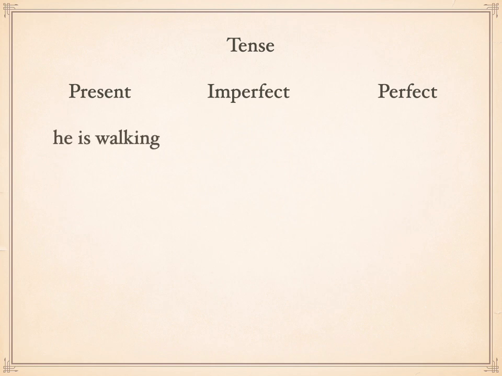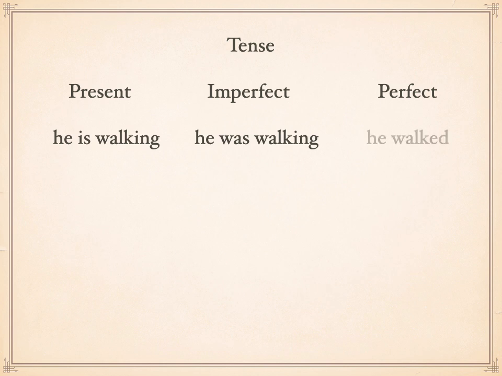The imperfect tense tells us about things that started happening before and haven't quite finished yet. We often use things like was doing something, so he was walking. He was walking and then something interrupted him. He didn't get to keep doing it, or he was walking and he's continuing to do this.